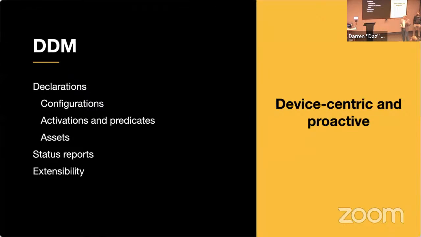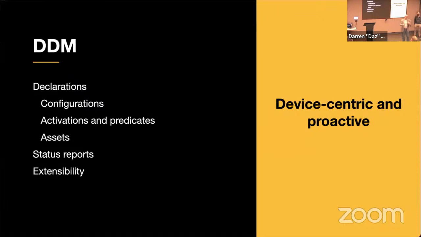There's a new status channel, so the device can report back to us the state of a request that we've made. That's in contrast to the existing setup where we issue a command very politely and hope that the device is going to implement that command. And in order to find out if the command has been implemented, we ask over and over again, have you done the thing yet?